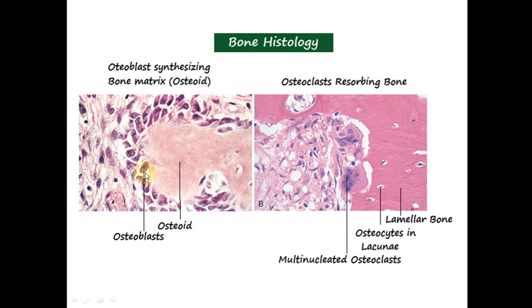Some of the osteoblasts get trapped in the lamellar bone and lie in the sites known as the lacunae. In this picture we can see the osteoblasts that have been converted into osteocytes and are trapped in the lacunae in the lamellar bone.